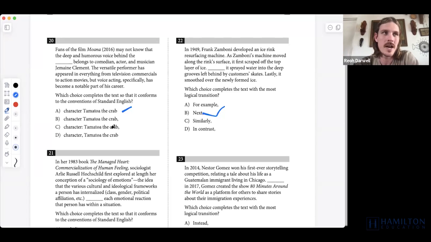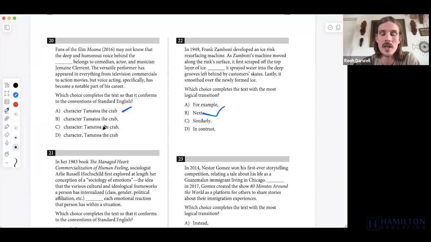Look him up. So basically here, we want to make sure that we're not separating the subject at all. We don't want to distort our subject. So what is our subject, right? The character Tamatoa the crab. That's all one thing all together. The character Tamatoa the crab, right?